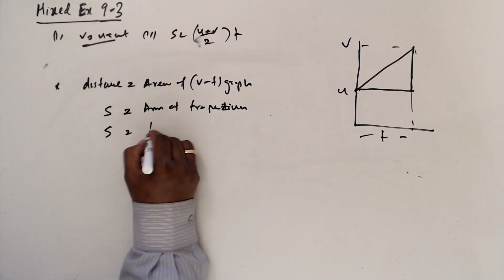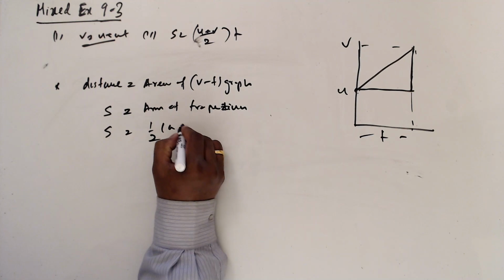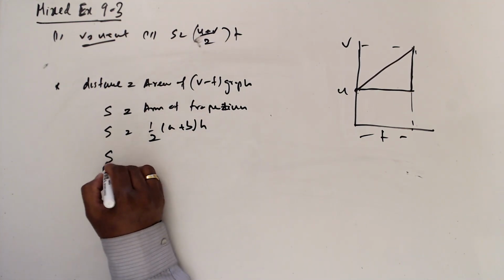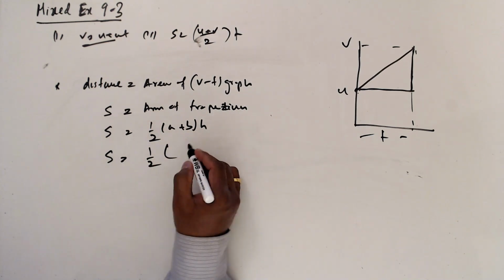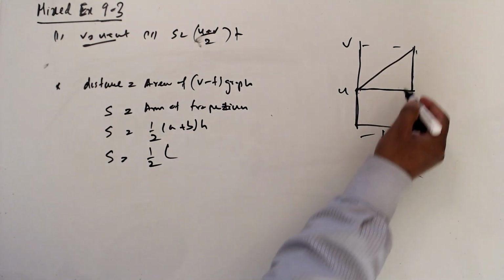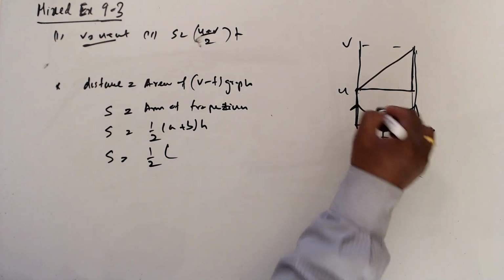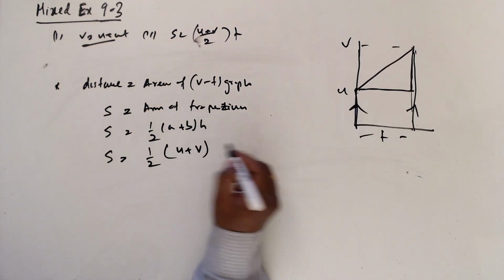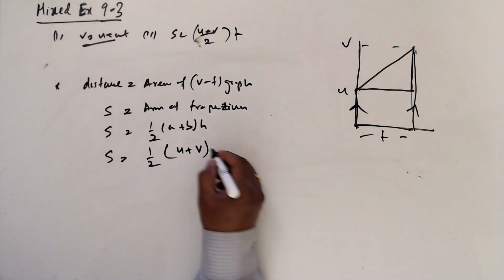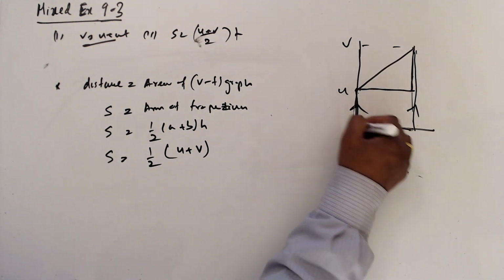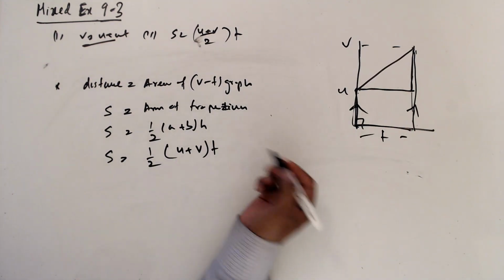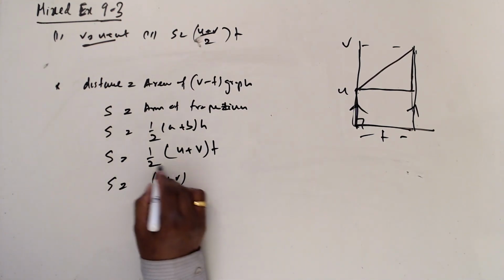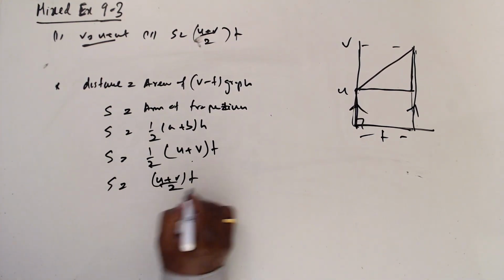So that is half of A plus B times H, where those are the two parallel heights, U plus V, and the perpendicular height in between the parallel sides is T. So this is S equals U plus V, I'll bring this 2 inside, times T.